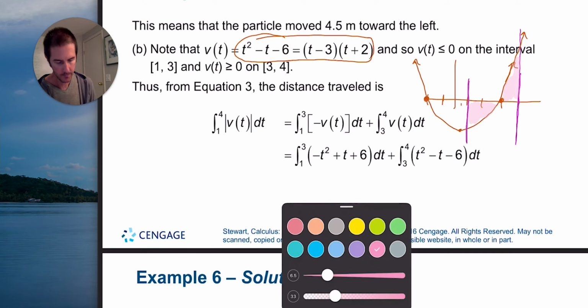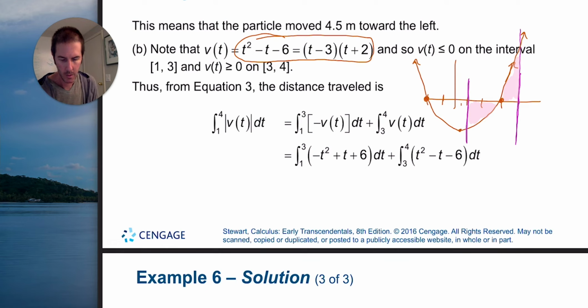So this idea of taking the absolute value of our function, if you've watched any of my other videos, drawing even this really horrendous diagram can be super helpful. And of course, doing this bit of factoring over here is helpful because it helped us find our zeros.